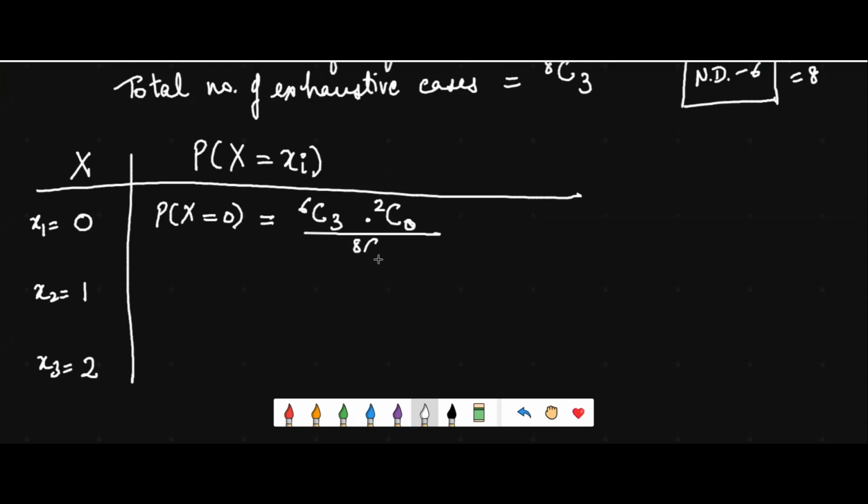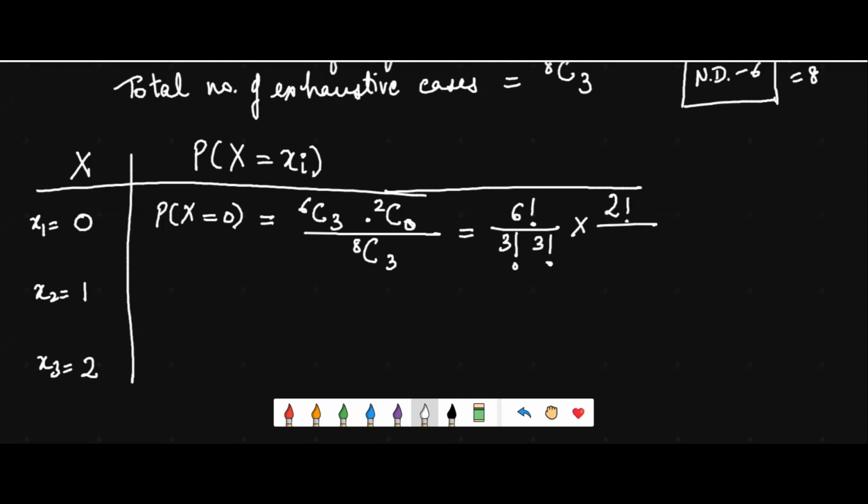And the total upon the total number of the exhaustive cases. Now, how to find out the answer here? The combinations we are applying. So this is 6 factorial upon 3 factorial, n minus r, that is 6 minus 3, is again 3 factorial, multiplied by 2 factorial upon 0 factorial, 2 factorial, divided by the 8C3.